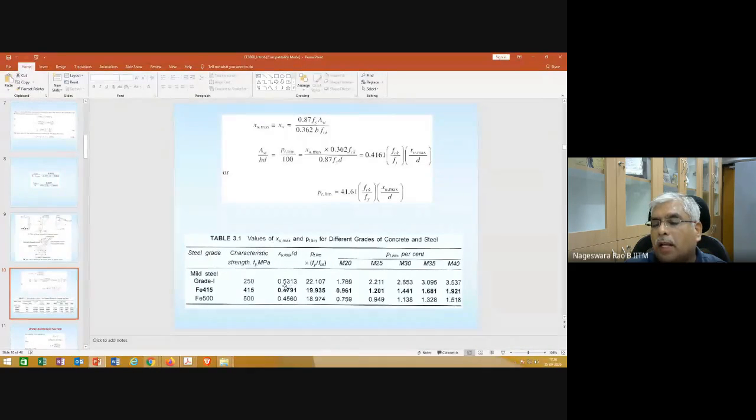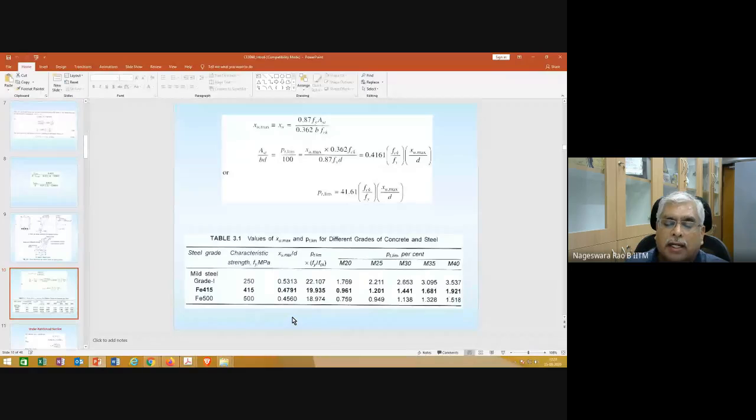Once you have taken note of this, do a small calculation and tell me what is 41.61 multiplied by this 0.5313. Similarly, 41.61 multiplied by 0.4791, and also 41.61 multiplied by 0.4560. You tell me those three quantities quickly.